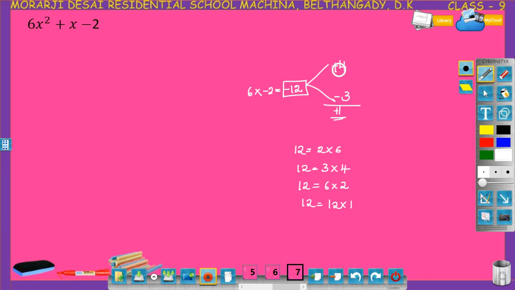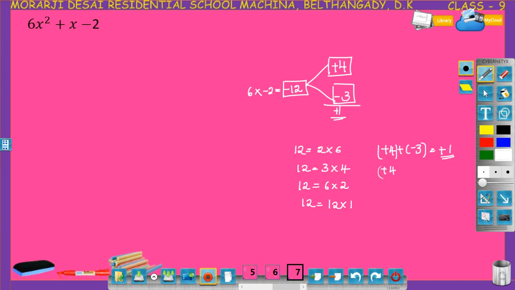Now you check once. 4 3s are 12, plus into minus minus. So plus 4 into minus 3 is equal to minus 12. And you satisfy one more condition, that is plus 4 plus minus 3 is equal to 4 minus 3, 1. Different sign, so subtract. 4 minus 3 is 1, bigger number sign is plus, so plus 1.